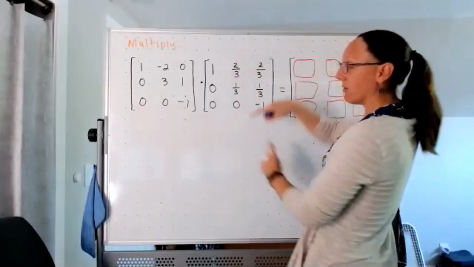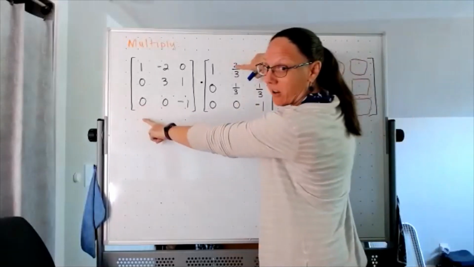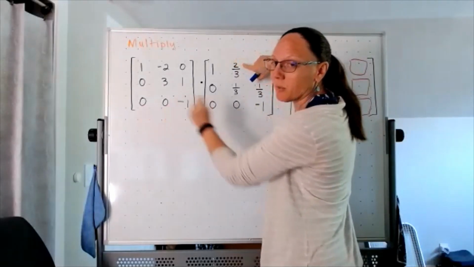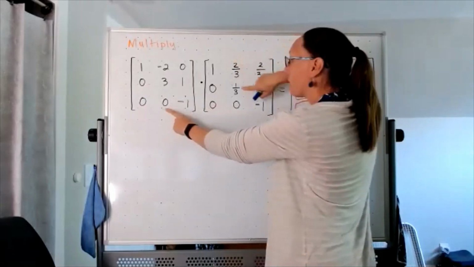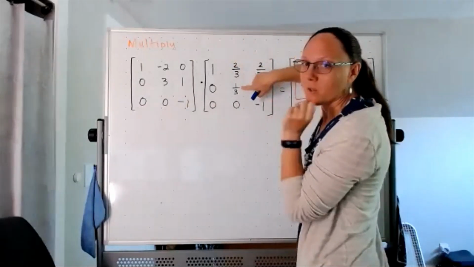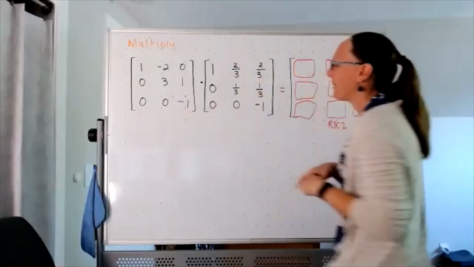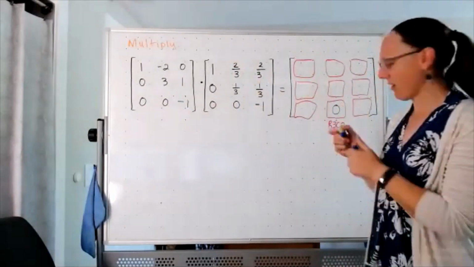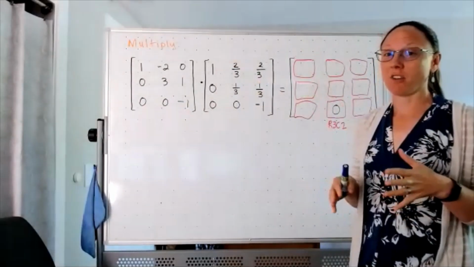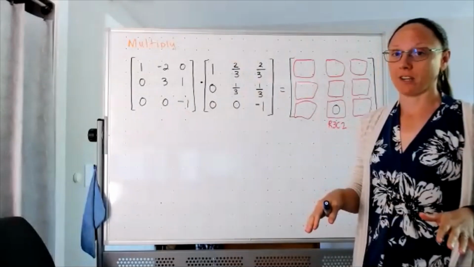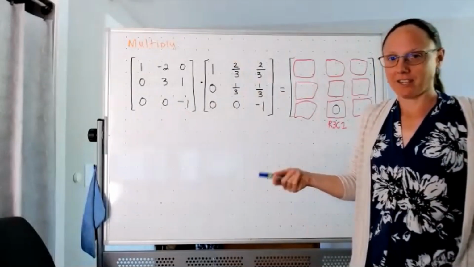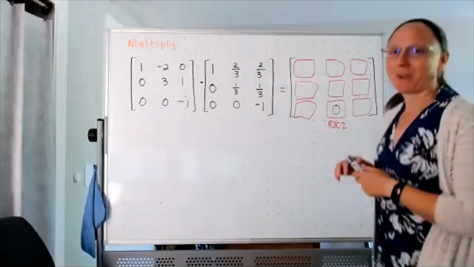Row 3 times column 2. So I've got 0 times 2/3. Well, that's 0. Plus 0 times 1/3. Also 0. Plus -1 times 0. Also 0. And if you did this right, you should have gotten a bunch of zeros in your matrix. I was trying to make our lives easy. Let's go through the rest of these.